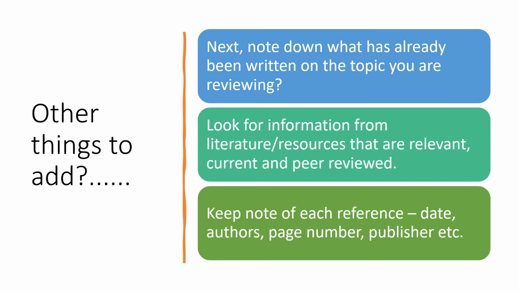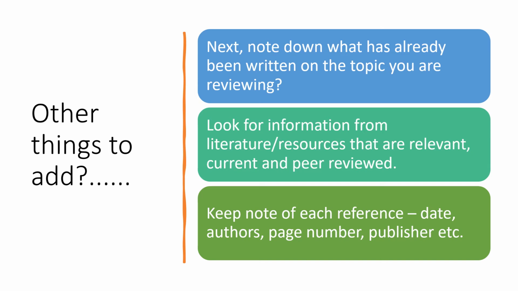Some other things that you can write down as you are reviewing each of your literature. Again, this is all done before you even start writing. You should note down what's already been written on the topic you're reviewing. So that was discussed earlier. Look for information from literature and resources that are relevant, current, and peer-reviewed. Make sure they're not going off on a tangent on some other topic that is not relevant whatsoever to the purpose of your investigation.